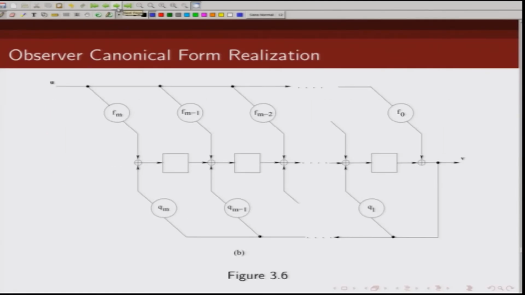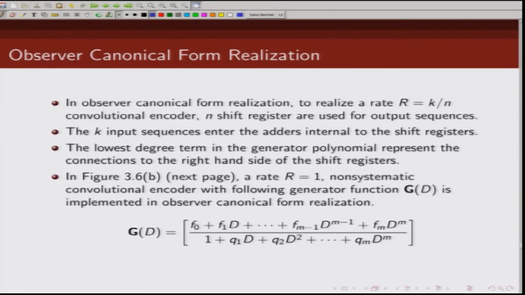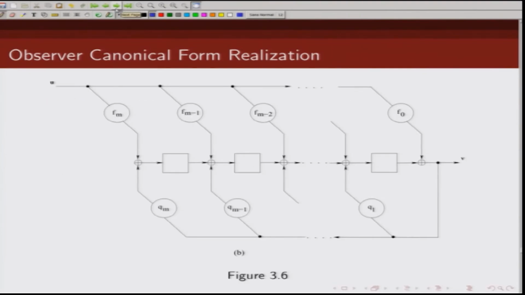Next, what did we say? The k input sequence enters the adder internal to the shift register. And what do we mean by internal? These are the shift register elements, delay elements, and note these adders are in between the shift registers. These adders are internal to the shift registers.